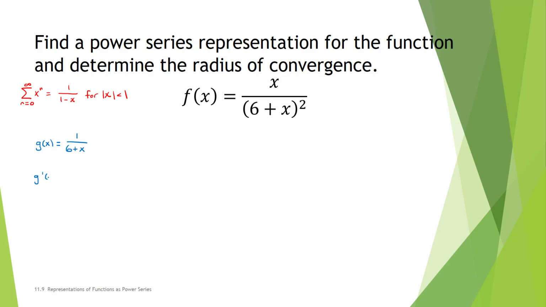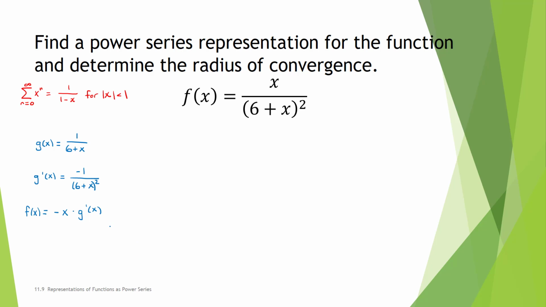If I take the derivative of g of x, I would get negative 1 divided by 6 plus x, quantity squared, which more closely resembles our function f of x. So f of x would then just be negative x times g prime of x.